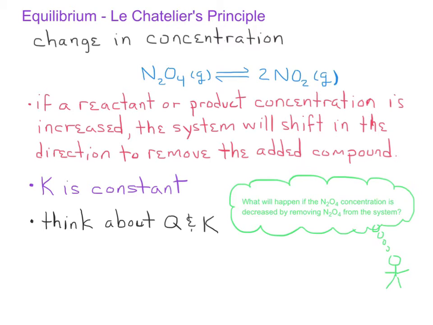Now, I know you're probably thinking, what would happen if, for example, some of the N2O4 concentration is decreased from this system by removing the N2O4 from the system? Well, I think I'll let you think about that a little bit longer and see if you could figure out an answer for that question.